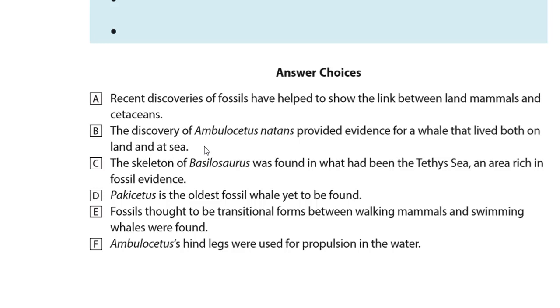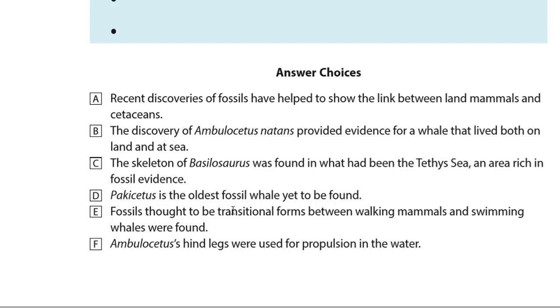We also read something about this, so A and B. C. The skeleton of Basilosaurus was found in what had been the Tethys Sea, an area rich in fossil evidence. Well, we haven't read something about this, like rich area and fossil, right? So C is out.